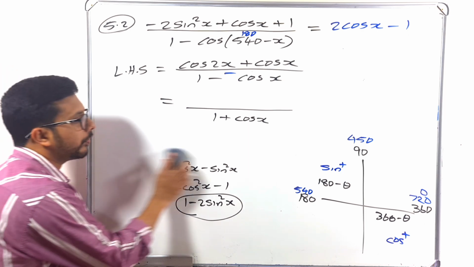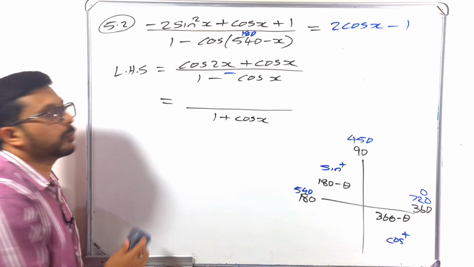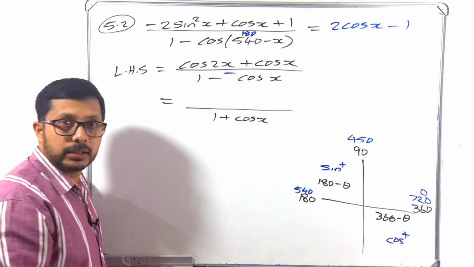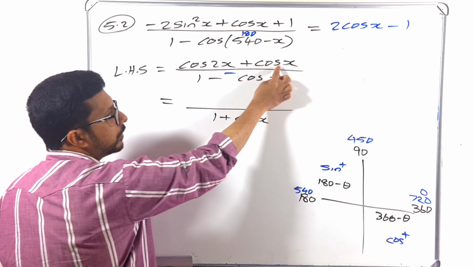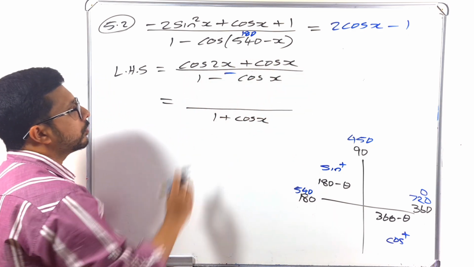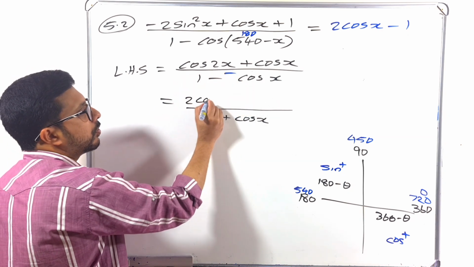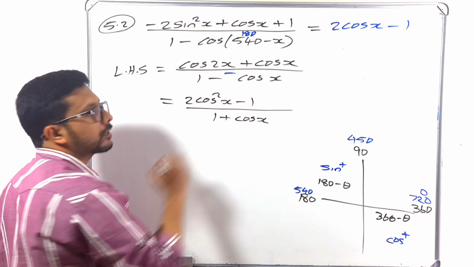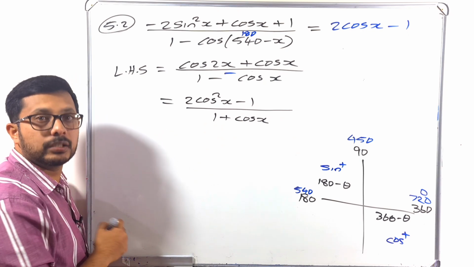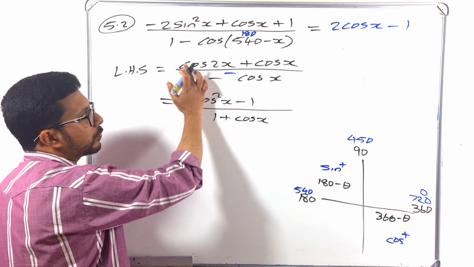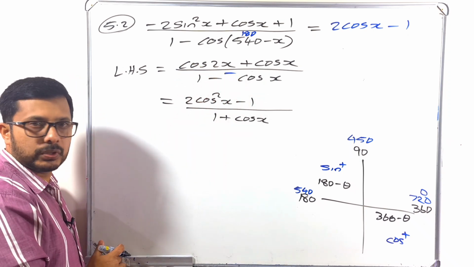Or if I want to factorize that one, I'm supposed to write this as a quadratic equation. Look at this one. This is cos x. There is another expansion for cos x, that is 2 cos square x minus 1. We wrote it here, I just erased that one. So 2 cos squared x minus 1 is also cos 2x.